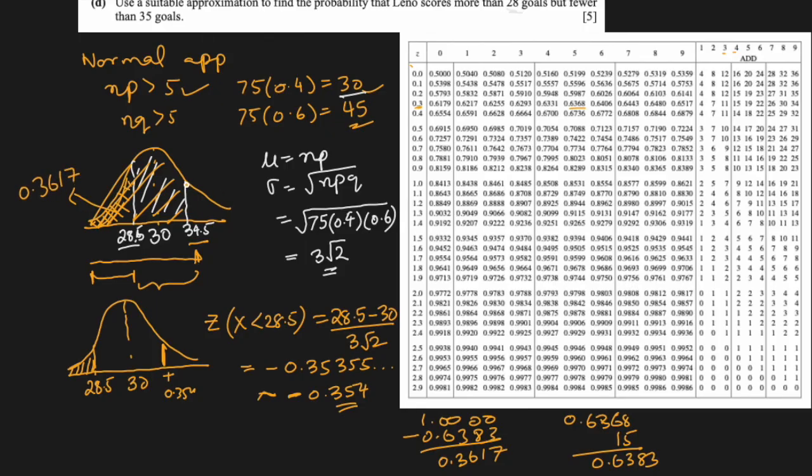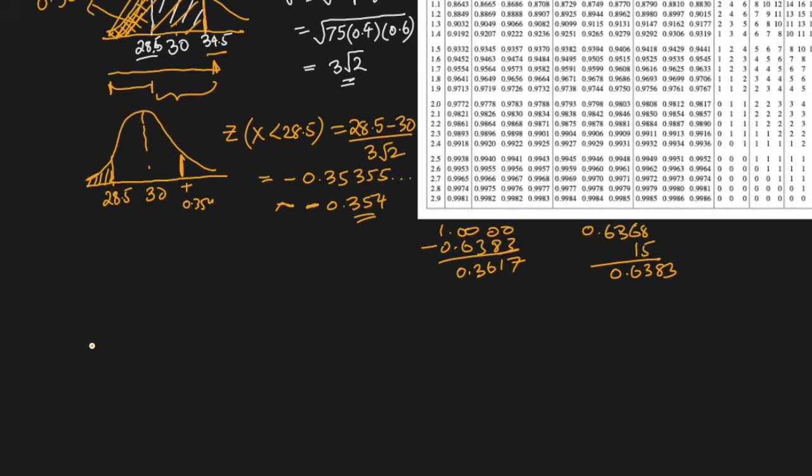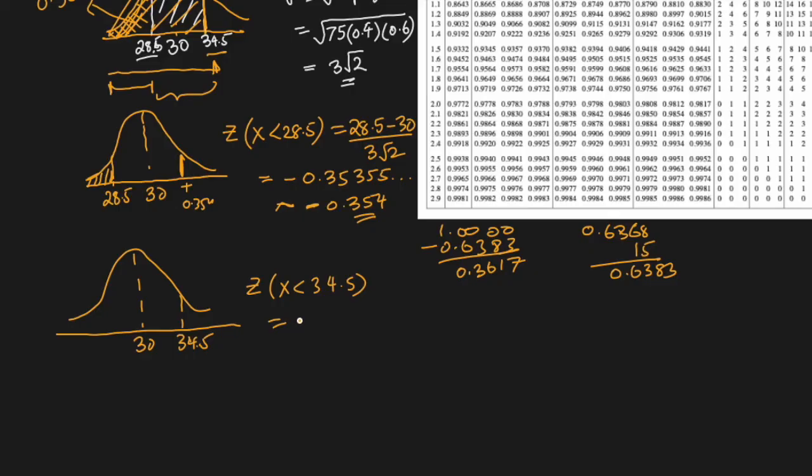0.3617. Now we have to find the probability less than 34.5, and I'll do that here. Same 30, but now it will be 34.5, and it is on the positive side, so we don't have to do all this stuff in this case. So first, the z score of x less than 34.5 is 34.5 minus 30 divided by 3 square root 2.